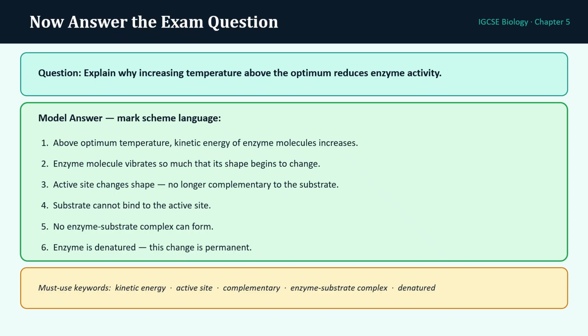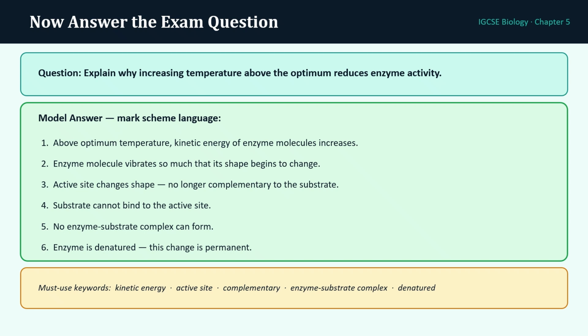The active site changes shape, so it is no longer complementary to the substrate. 4. The substrate cannot bind to the active site. 5. No enzyme substrate complex can form. 6. The enzyme has denatured and this change is permanent.